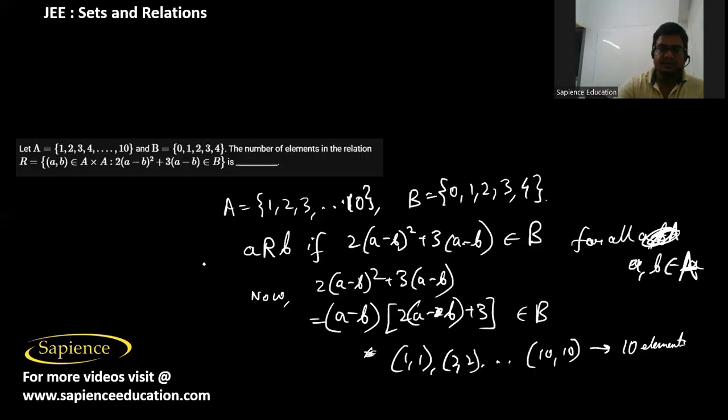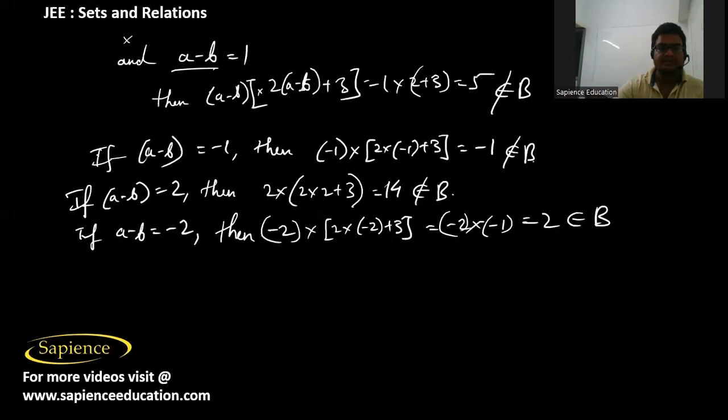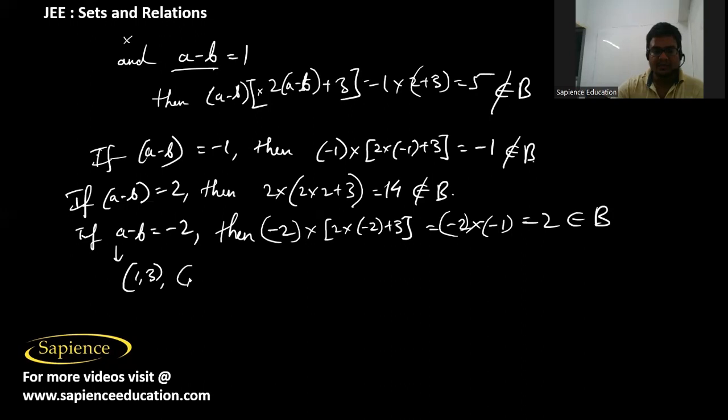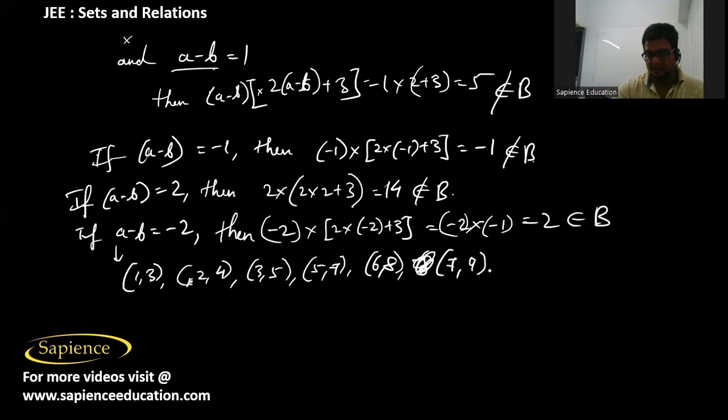Now A minus B, if it is minus 2, then we can take the pairs 1 comma 3, and then 2 comma 4, and 3 comma 5, and 5 comma 7, and 6 comma 8, and then 7 comma 9, and 8 comma 10.